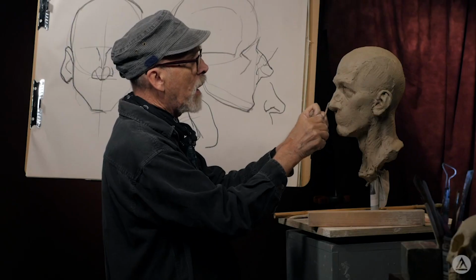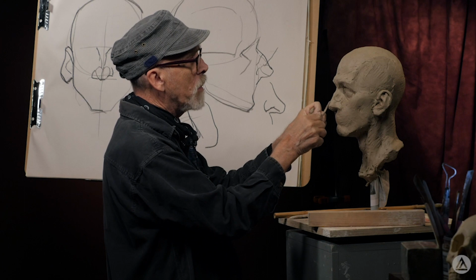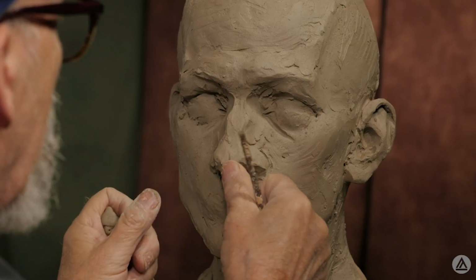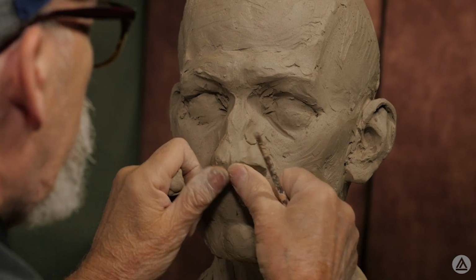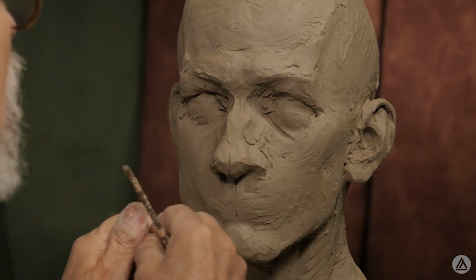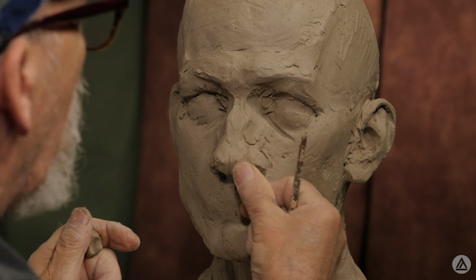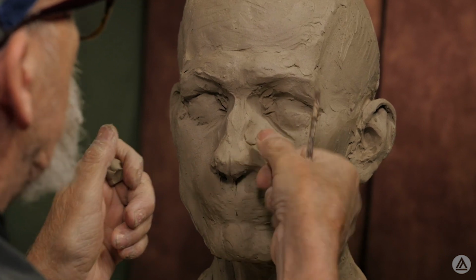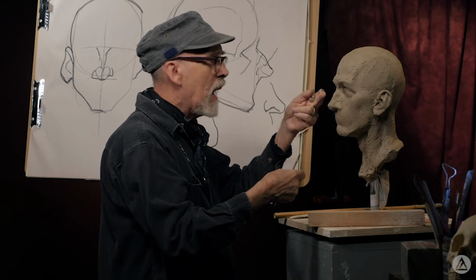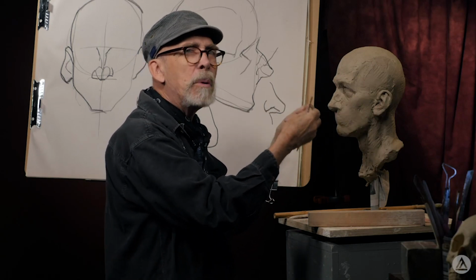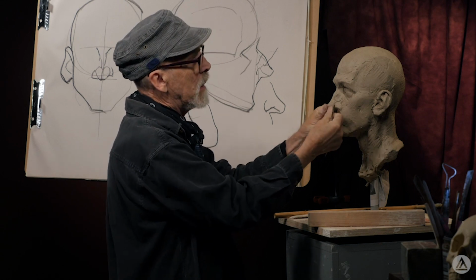Some people actually have a little bit of a cleft in the middle of their nose, and if that were the case, then I would actually turn up the volume on that cleft a little bit so that it's more like them. If I was doing Richard Nixon, I would accentuate that little bit of a ski jump of a nose, or if I was doing Bob Hope, I would do the same thing.